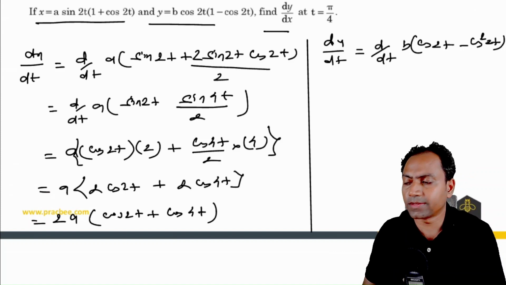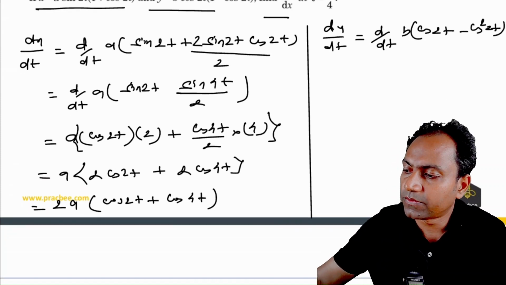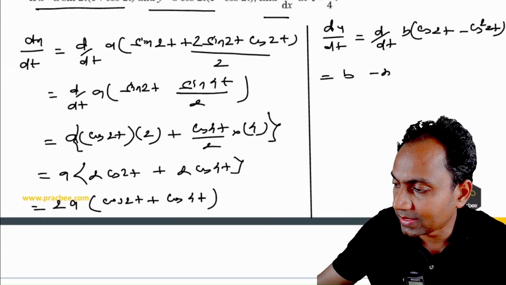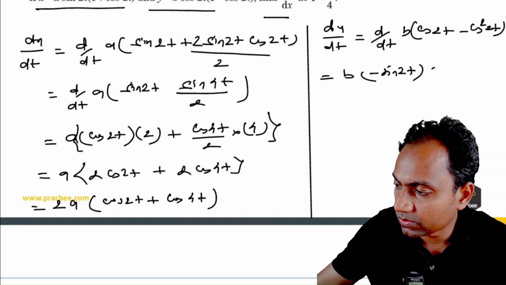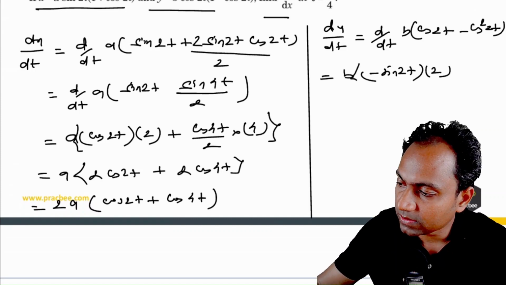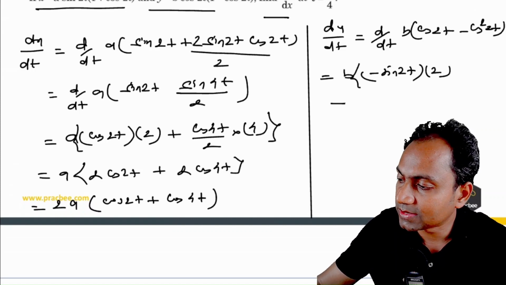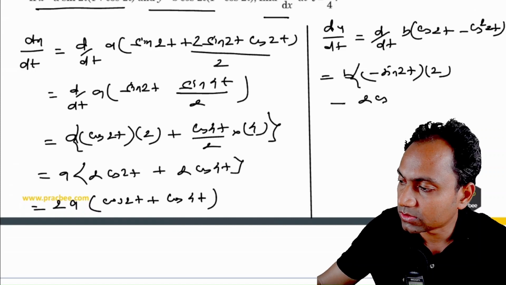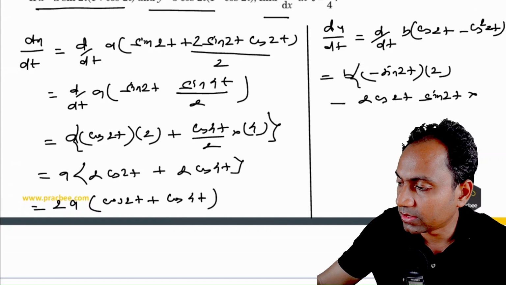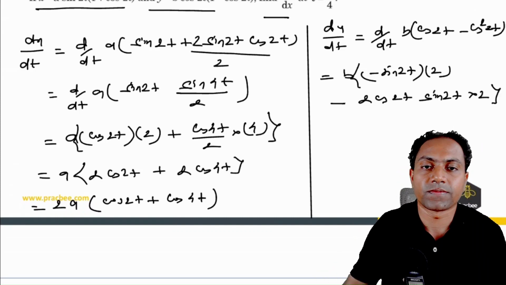This is what we are getting. And now if I want to differentiate this, it will become b times d by dt of cos 2t, which is minus sine 2t into 2. And then for the next part, what I have is minus times 2 cos 2t. Differentiation of cos 2t is sine 2t into 2. This is what we are getting.